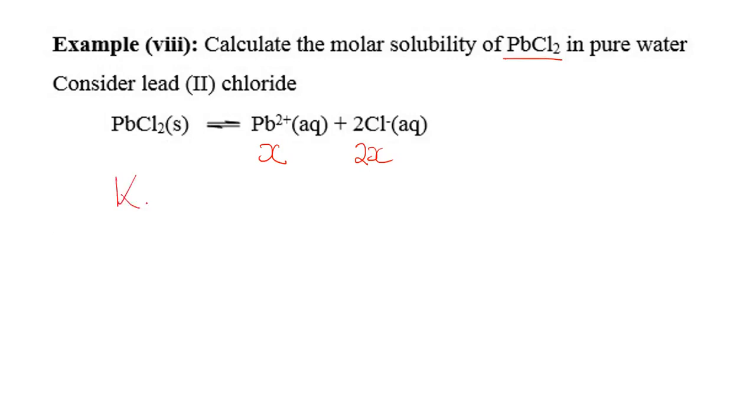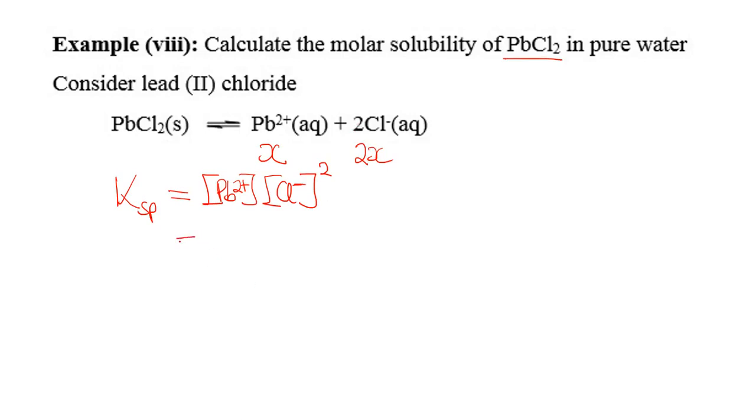So as usual, we'll start with KSP. KSP is given by the concentration of lead and the concentration of chloride, but to the power 2, because also of the coefficient here.